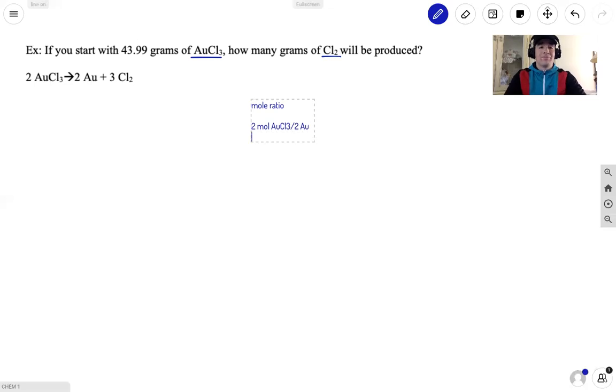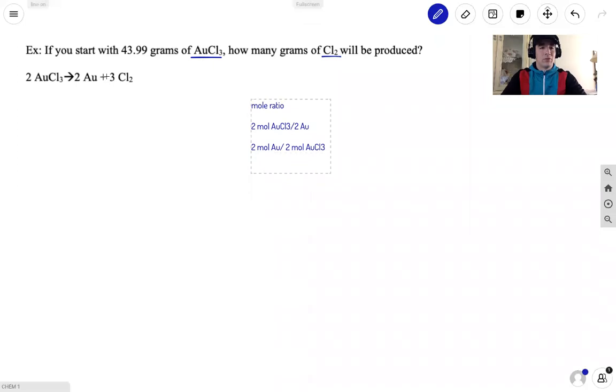You can also write it the other way. For every 2 moles of gold, we have 2 moles of gold trichloride. So that would look like this: 2 moles of gold will give us 2 moles of gold trichloride. Okay, let's do another one.